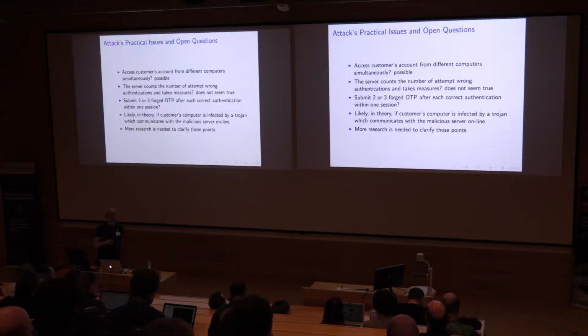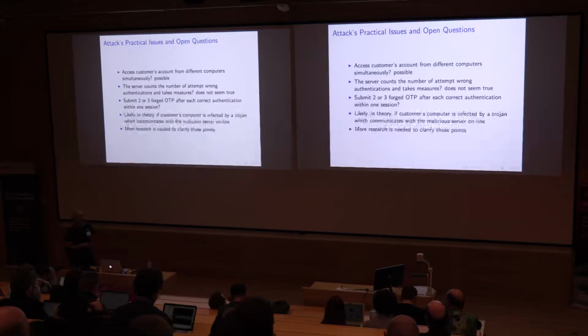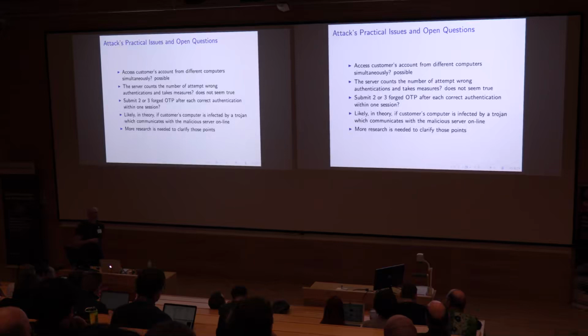That is possible for my personal account because I was able to access my account from 2 computers. Probably it's possible to get access from more than 2 computers. One can say the server may count the number of wrong authentication attempts and take measures. I ran my attack against my account not so many times, only 200 times, but no measures were taken against me.